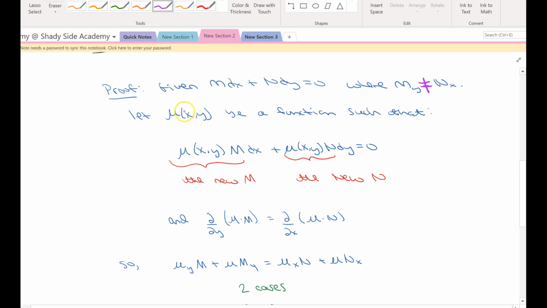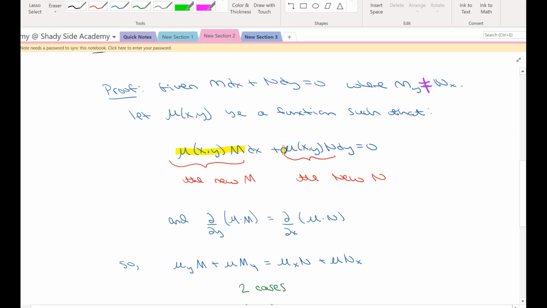But anyway, let there be some function of x and y that is essentially the integrating factor after all, right? Such that when I multiply the diffie-q by mu, which is the function of x and y, I have now a new M. And just to be clear, the new M is mu of x,y times the function M of x,y.